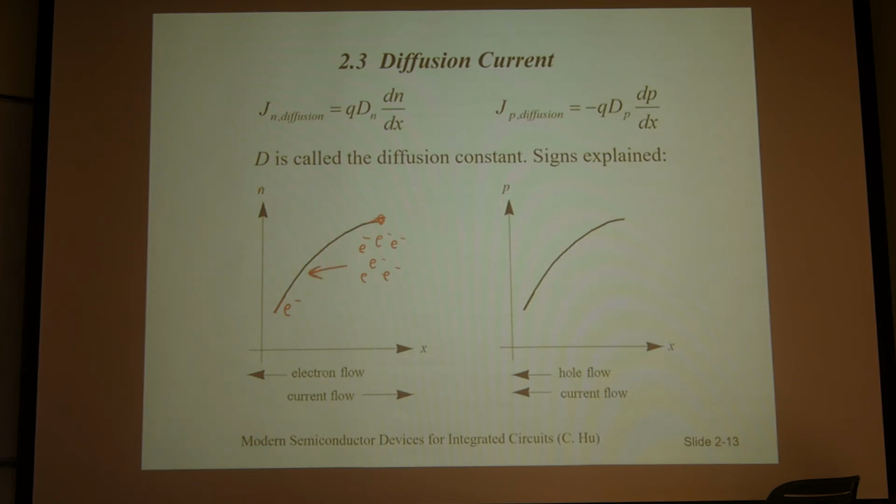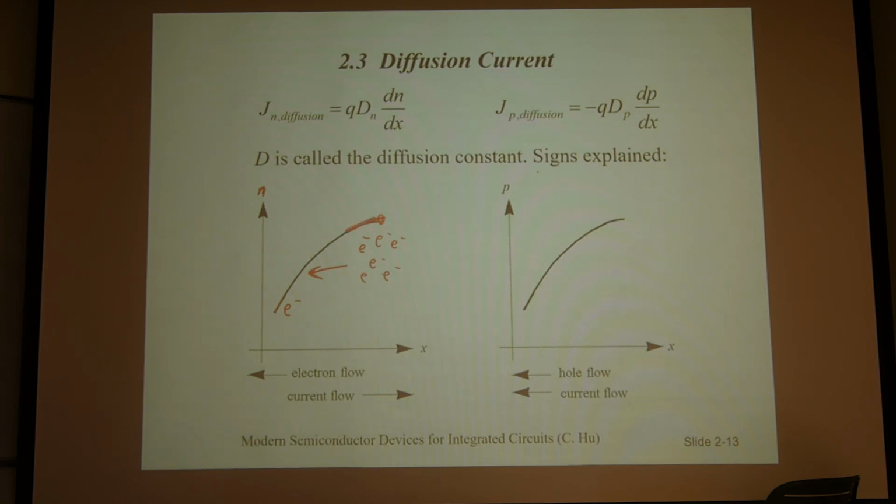So if electrons tend to move this way, then here the current flow by definition is to the right. And here we want to say that the current density is proportional to the slope, or the gradient, of this electron density with respect to x. That means you take the derivative of n with respect to x, that means dn over dx.